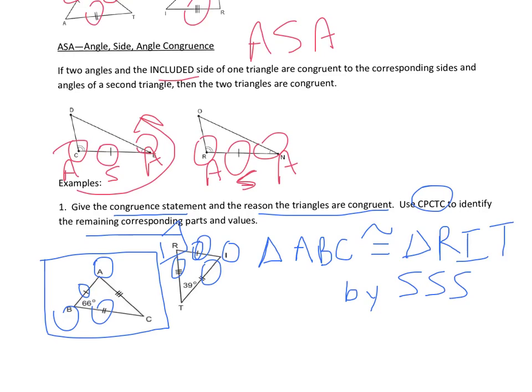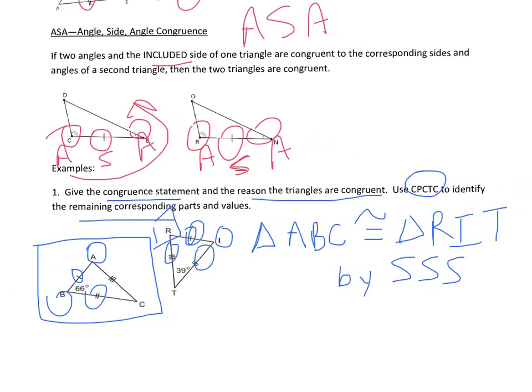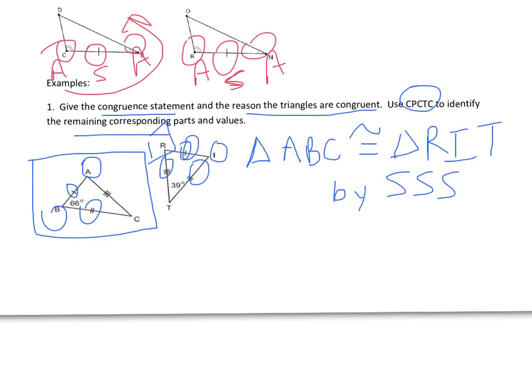Now, they want us to do the rest of the remaining corresponding parts here. Use CPCTC. So now once we know the triangles are congruent by side, side, side, we already know all the corresponding sides that are shown. So we know that angle A would be congruent.